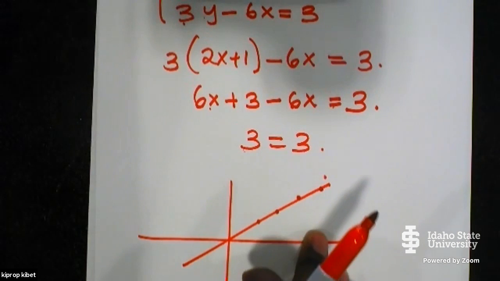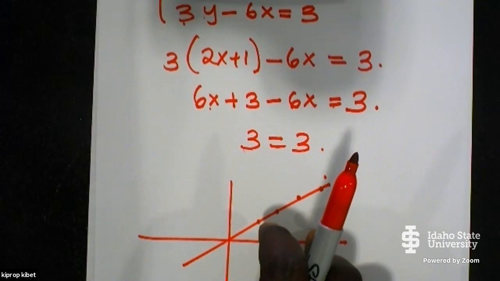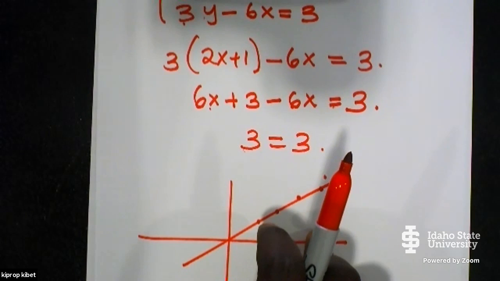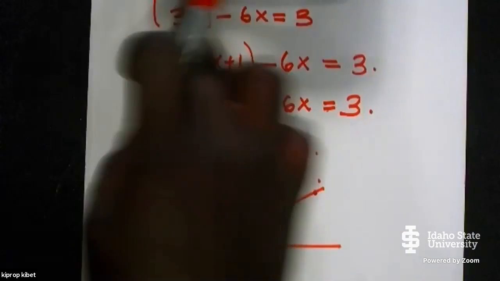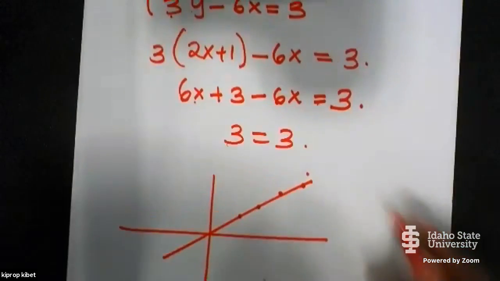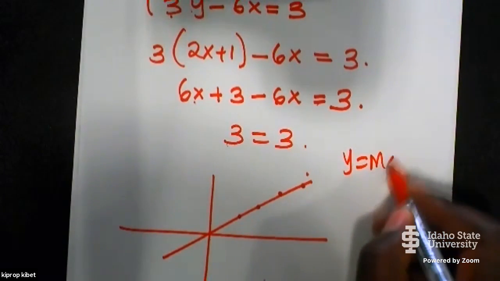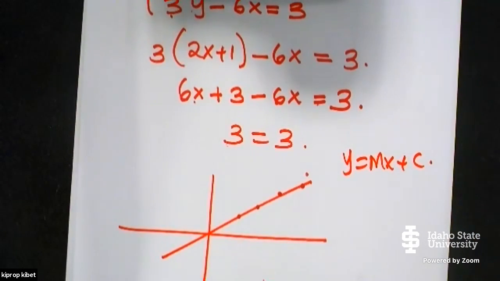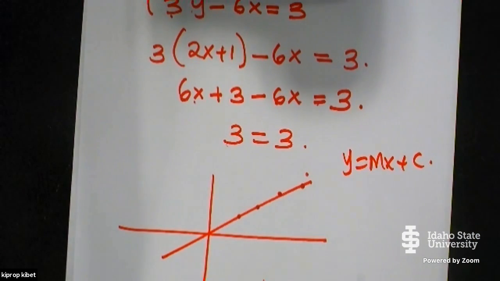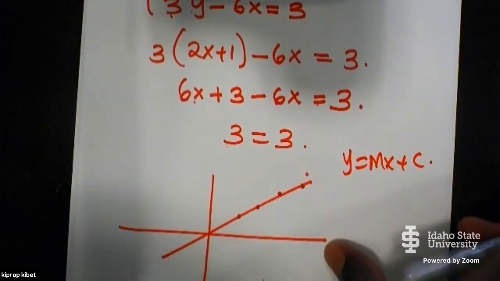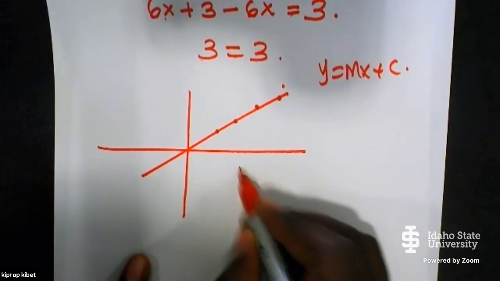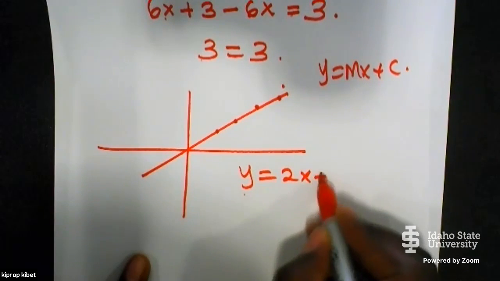So how can we also know that we have an infinite number of solutions? What did we say about it? We have the same line. If we write these in terms of y equals mx plus c, what do we get? The first one is already y equals 2x plus 1.